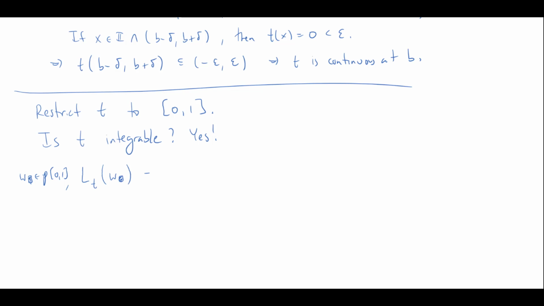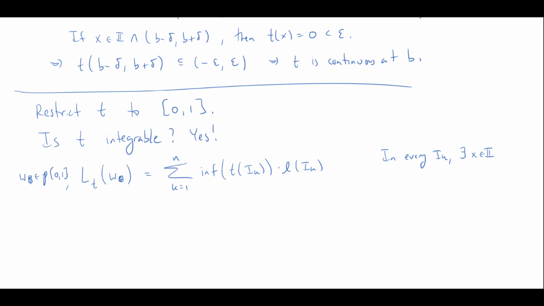Well, to compute this lower sum, I would have to look at something like this, right? It'll be a sum, say it's an n partition. I'm looking at the infimum of t applied to all of the different intervals multiplied by the length of the intervals. Okay, but in every interval I_k, there exists some x in the irrational numbers.